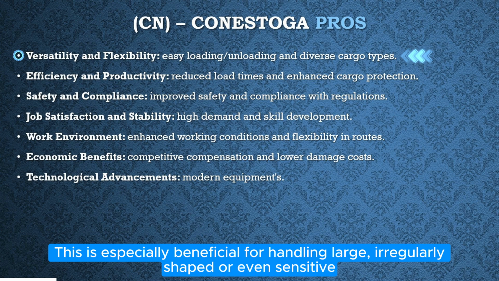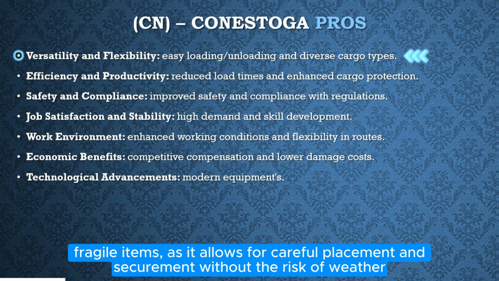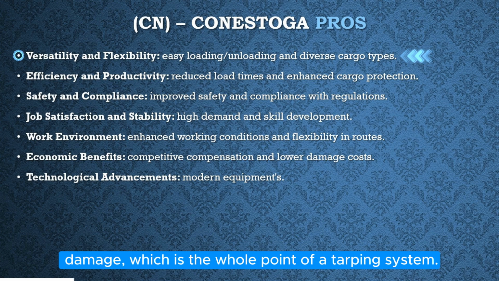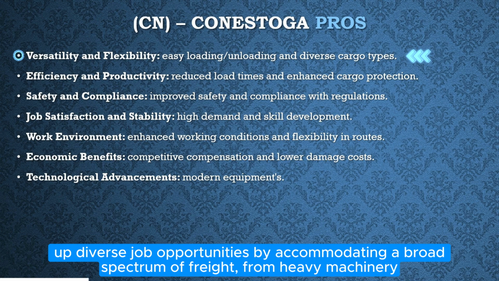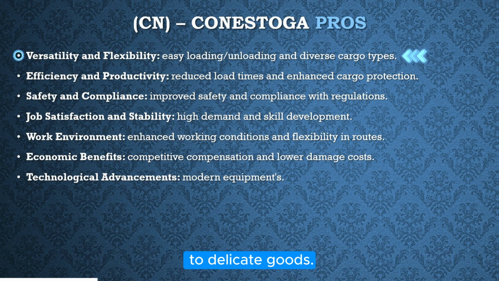This is especially beneficial for handling large, irregularly shaped, or even sensitive and fragile items, as it allows for careful placement and securement without the risk of weather damage, which is the whole point of a topping system. The versatility of Conestoga trailers not only increases operational efficiency, but also opens up diverse job opportunities by accommodating a broad spectrum of freight, from heavy machinery to delicate goods.